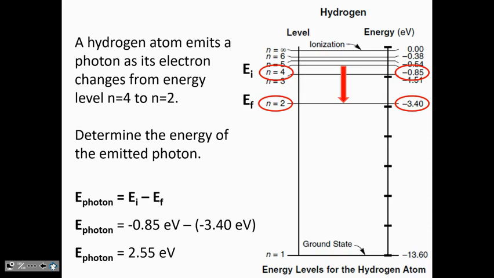And that energy will be an exact match to the transition between the two levels. So it has to be equal to 2.55 eV. It couldn't be 2.5, it couldn't be 2.4. It has to be exactly 2.55 eV. Otherwise, the electron cannot jump from one level to the next.